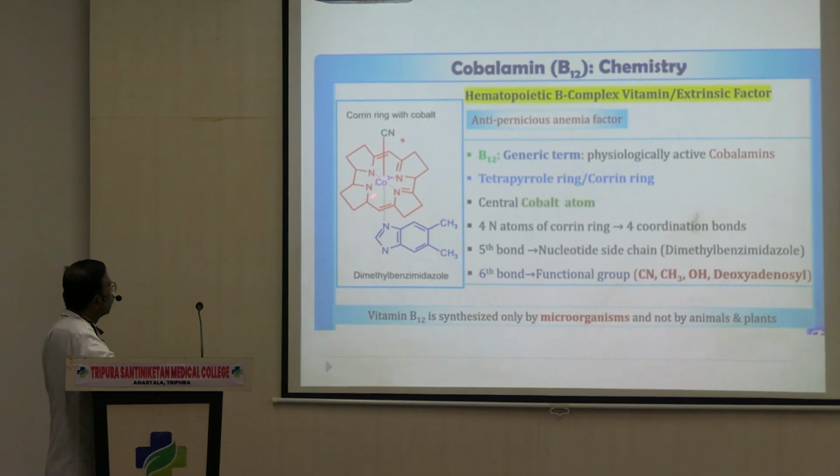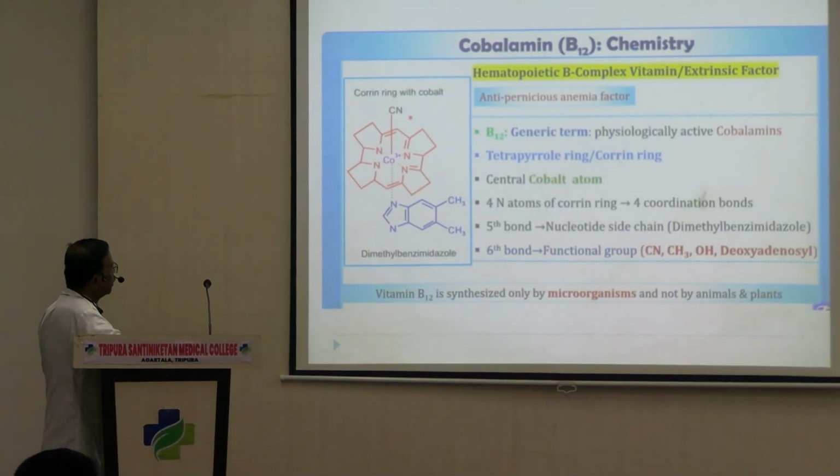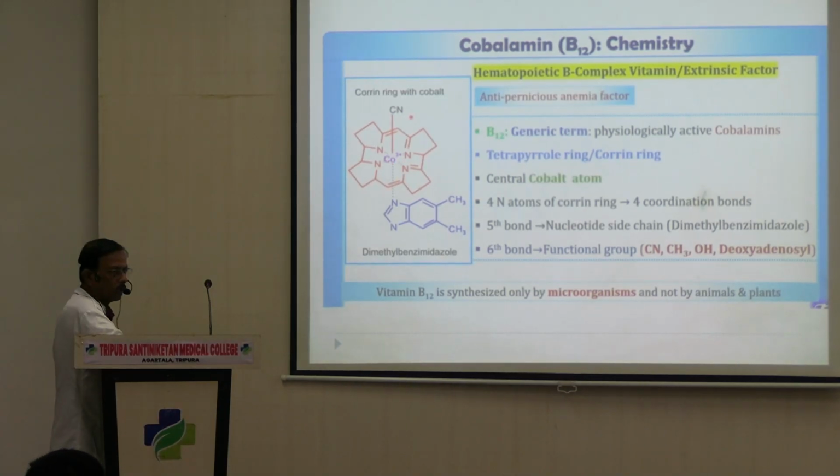So cobalamin has a corrin ring, and in the center of the 4 pyrrole rings, in the center of the 4 nitrogen atoms, there is a cobalt atom.